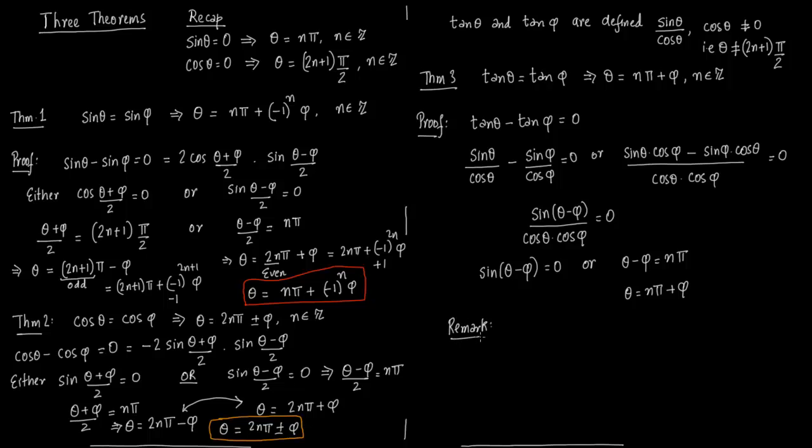We have already made a remark about this. The theorem is valid only if cos theta is not 0 and cos phi is not 0. Only then will tangent theta and tangent phi make sense, and that will hold only if theta and phi are not equal to 2n plus 1 times pi by 2.